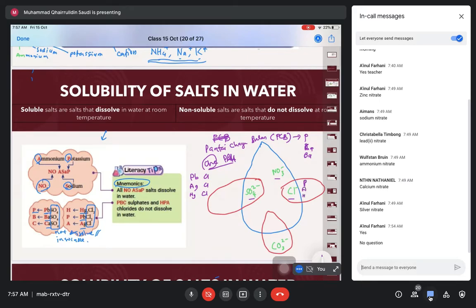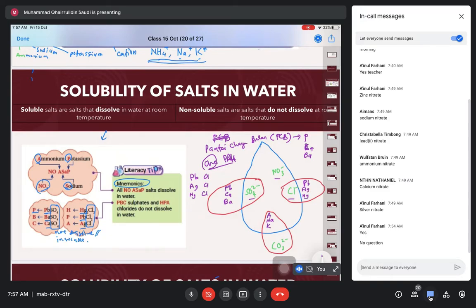Sulfate, PCB. B. Chloride, carbonate, sorry, anak. Okay, anak. Lead, calcium, barium. Lead, silver, mercury.